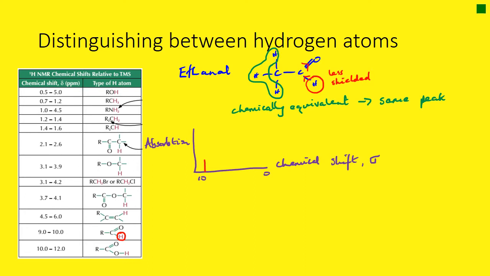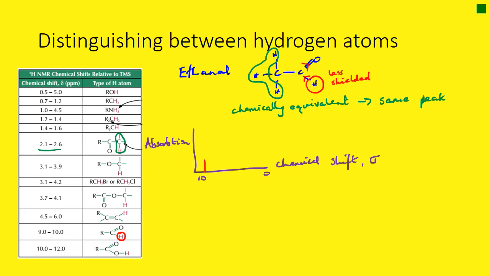Okay, now looking at the hydrogens that we've circled in green. They are part of a methyl group that is then connected to a carbonyl carbon. So this group here is a methyl group that is connected to a carbonyl carbon. So there it is, and we can see the chemical shift there is 2.1 to 2.6.